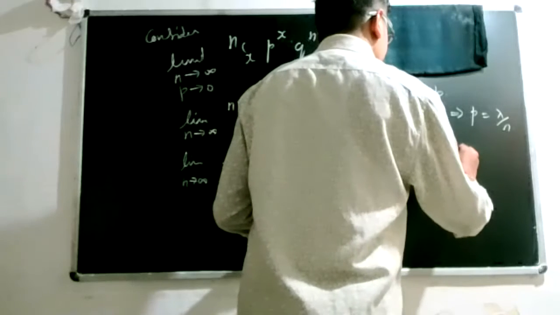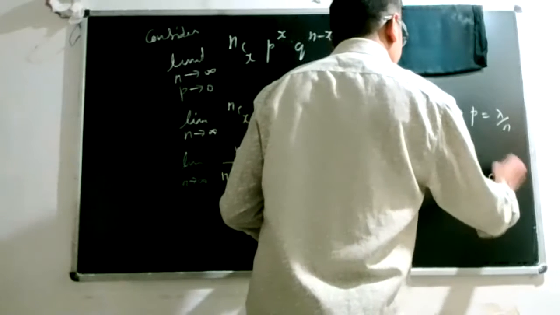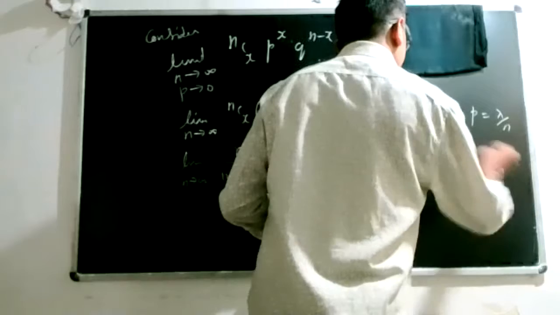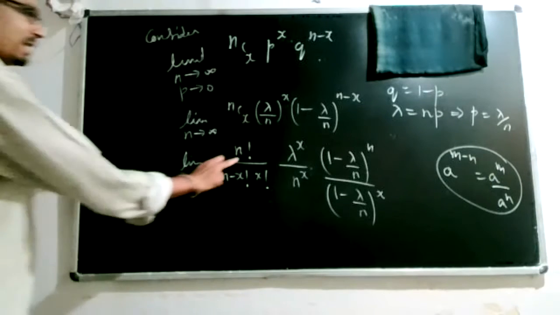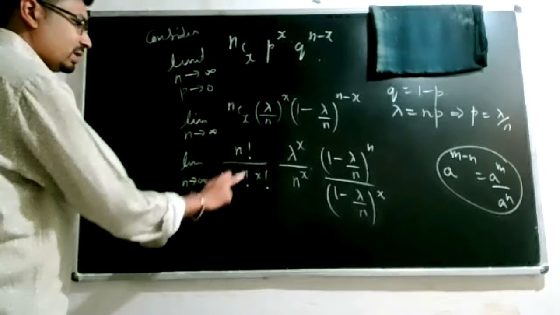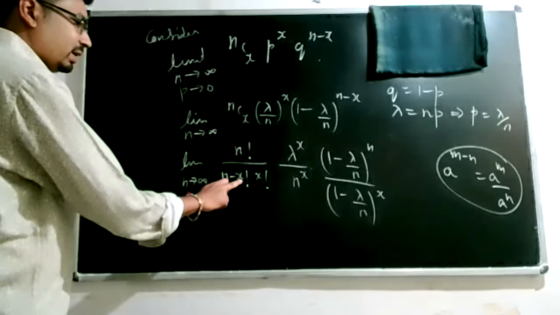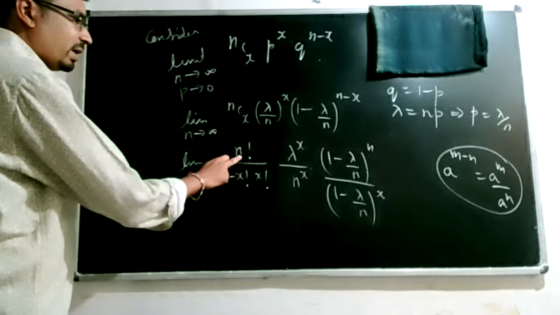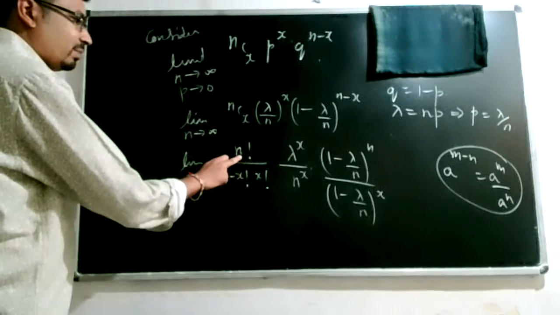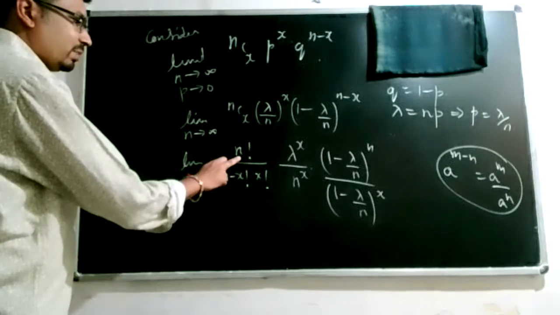Now a power m minus n is equal to a power m by a power n, so we'll split the powers like that. Now expand n factorial. Since our x is an integer taking values from 0 up to n, if I expand n factorial, after some point I'll reach the value n minus x before reaching 1.